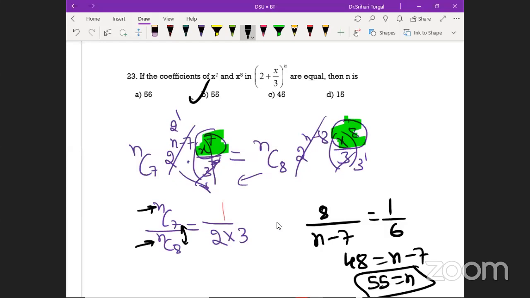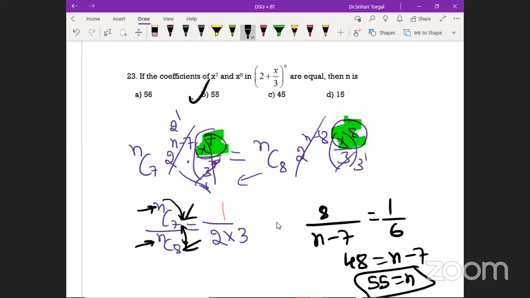This is what the shortcut is. If this is 7, 8, whichever is greater, you need to write it in the numerator. That is what we have applied in the previous problem, right? 8 should come in the numerator. Among 7 and 8, see which is greater, and that should come on top. If it is in the denominator, it goes to the numerator; if it is in the numerator, it goes to the denominator. 7, 8 is there, you just write 8 in the numerator.